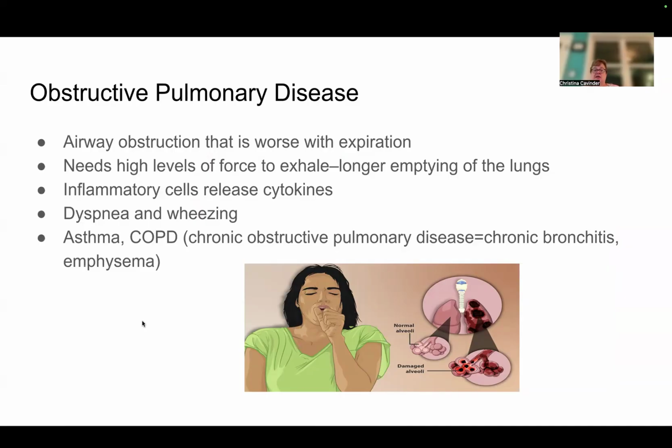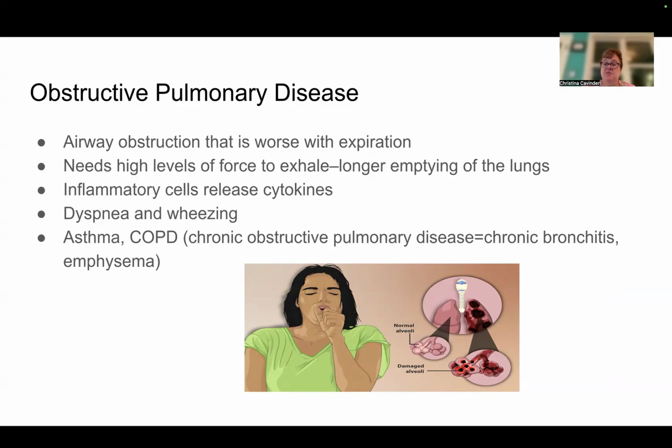Obstructive pulmonary disease, this is where the airway obstruction is worse with expiration. So as you try to exhale, something's narrowing that so you can't get rid of the air. So you need high levels of force to exhale just to empty your lungs. This usually is due to an inflammatory process. Usually it releases those cytokines, which we talked about before.